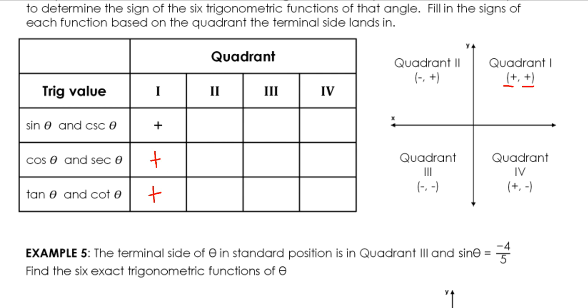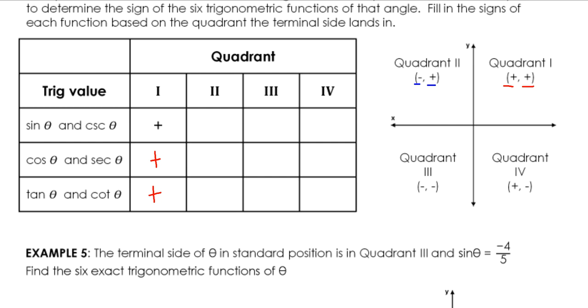In quadrant 2, I have a negative x and a positive y. So anything involving the y is going to be positive, but if any of the ratios have x in them, they're going to be negative.